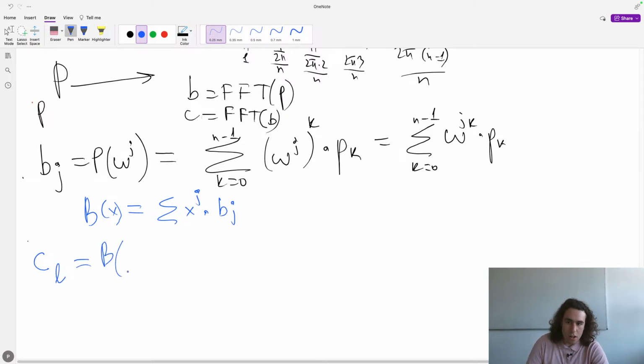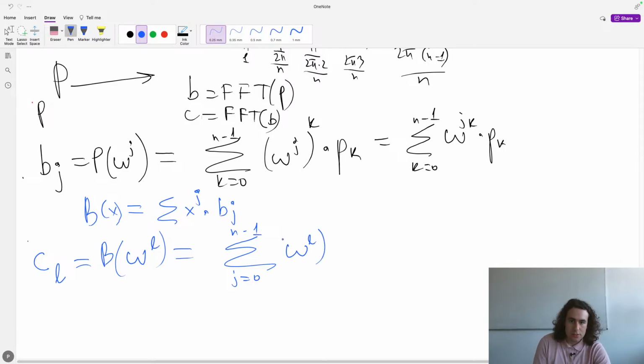is b of omega to the l, which is the sum for j from 0 to n minus 1 of omega to the l to the power j, times bj, right? But we know that bj is this thing.